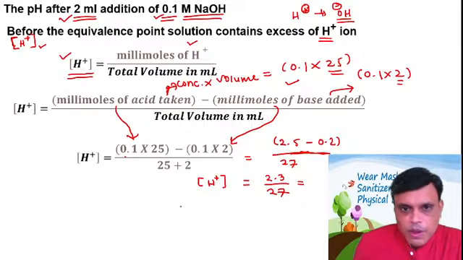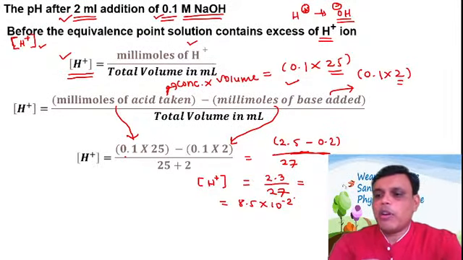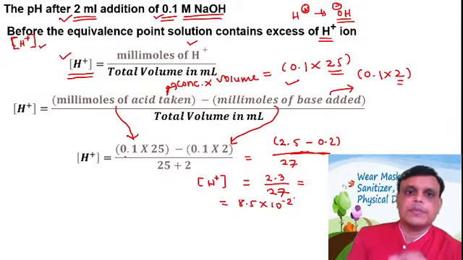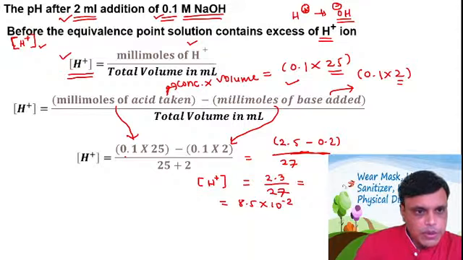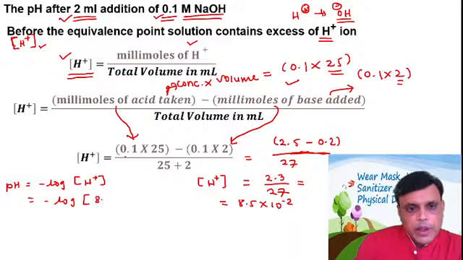How much is it? 8.5 into 10 raised to minus 2, that is 0.0852, and take the negative log of this to get the pH. So pH is equal to negative log of H plus ion concentration, negative log of 8.5 into 10 raised to minus 2.